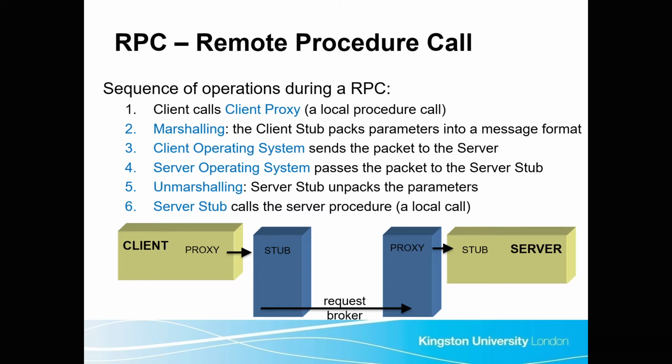In the server stub, we have the process opposite to marshalling, and it's called, not very surprisingly, unmarshalling, where the server stub unpacks the parameters from the binary package that it received, and then the server stub calls the server procedure, again as a local call. So the important thing here is that the client thinks it just calls a local procedure, and the server in step number 6 is called in conditions that look like another local call.